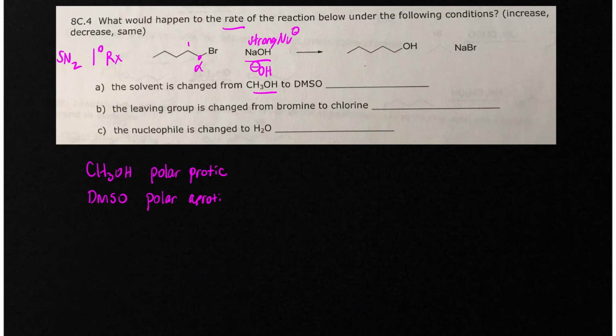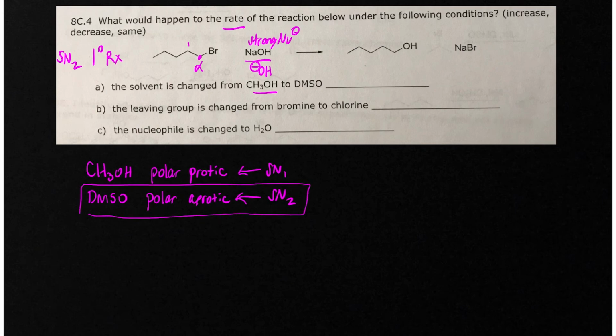Polar aprotic solvents are favored for SN2 reactions. Polar protic solvents are favored for SN1, a different reaction. So if we change from methanol to DMSO, it's going to improve, because it's going to be better for an SN2 reaction.